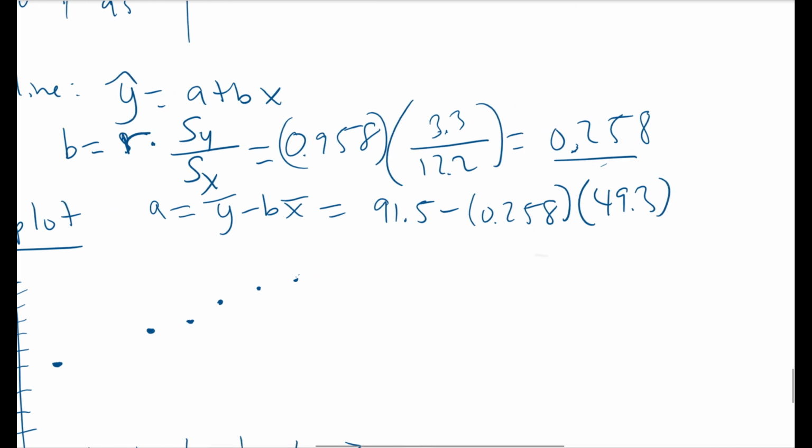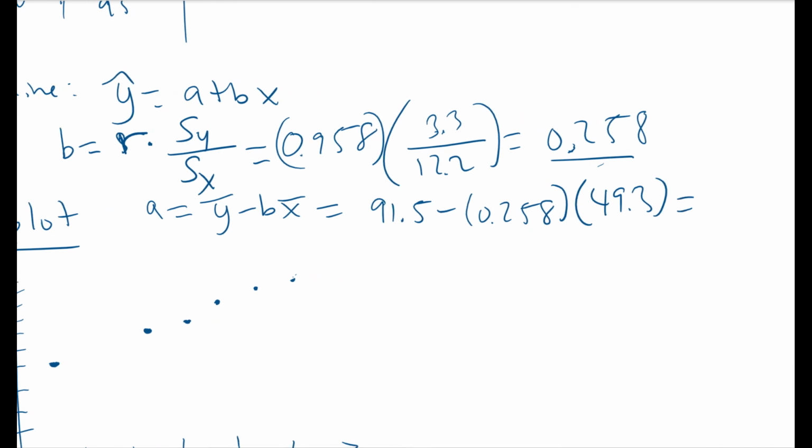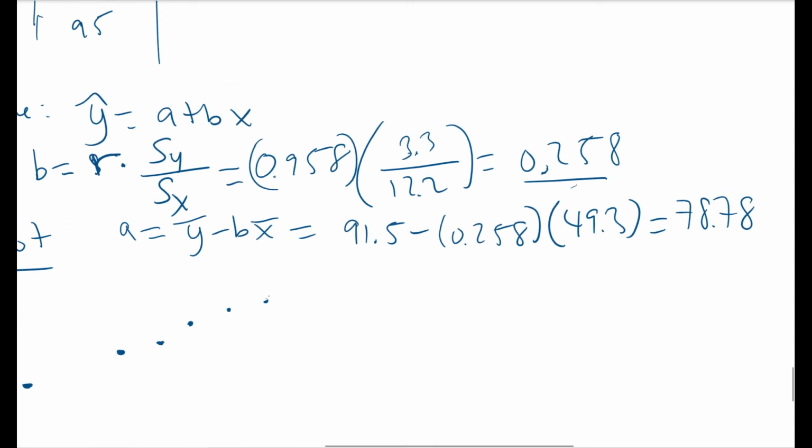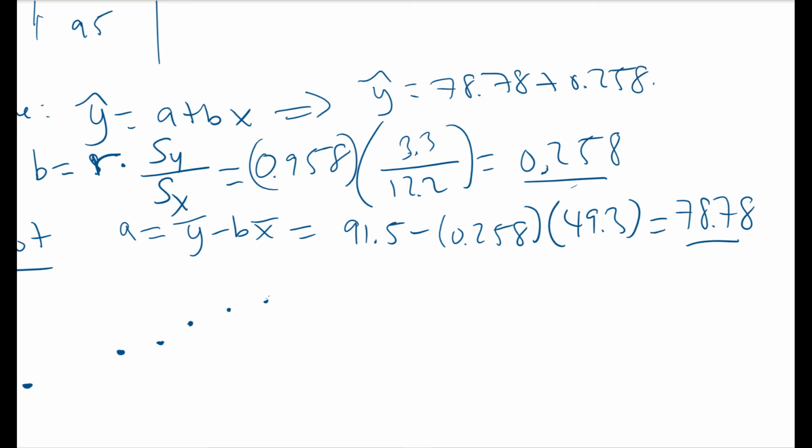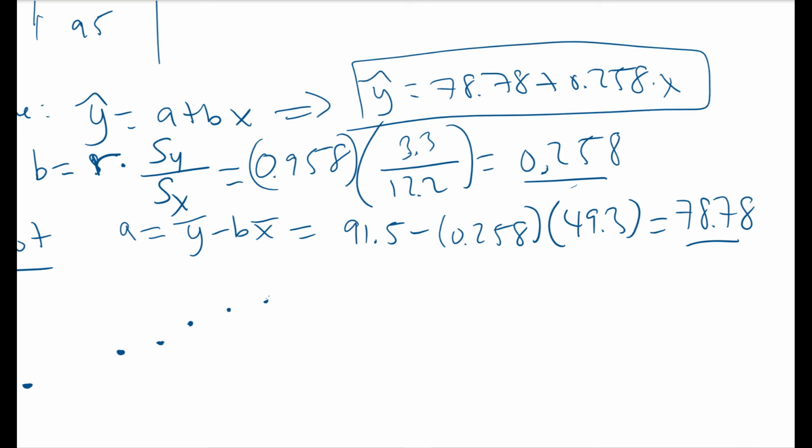And if we did that, we would get an a value of 78.78. Which means that if we plug those in, our equation for our regression line is 78.78 plus 0.258 times x. That's the equation of our regression line.